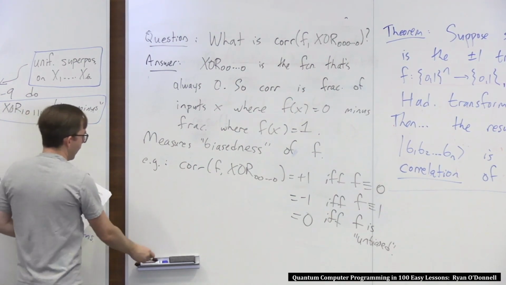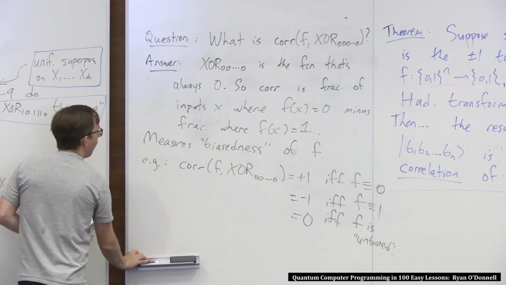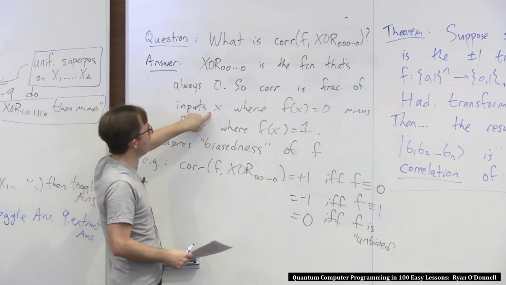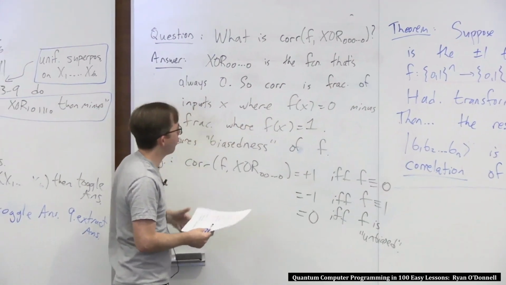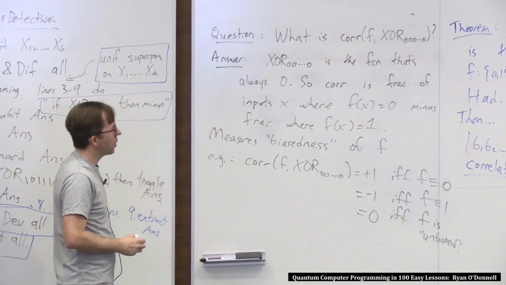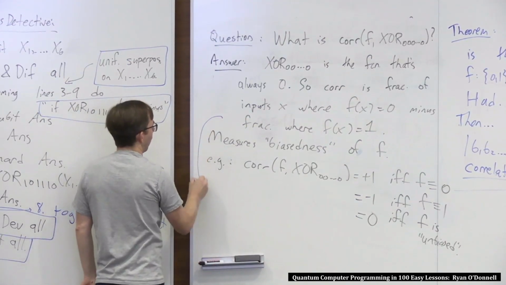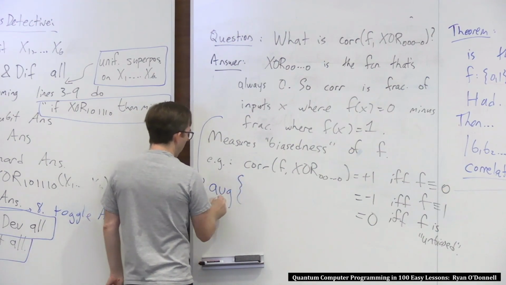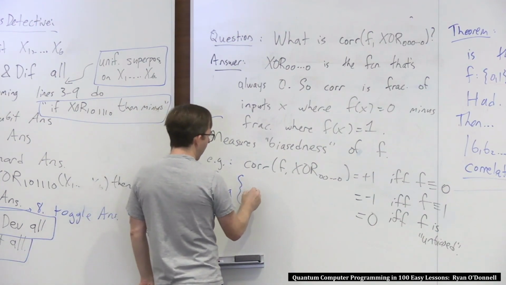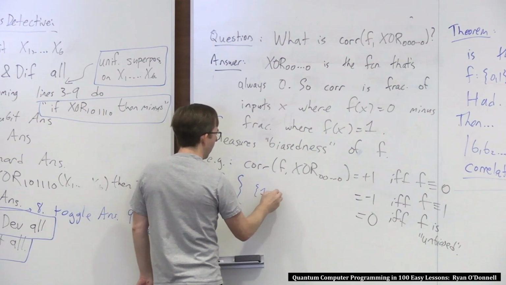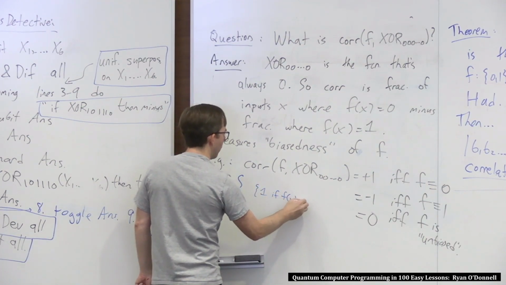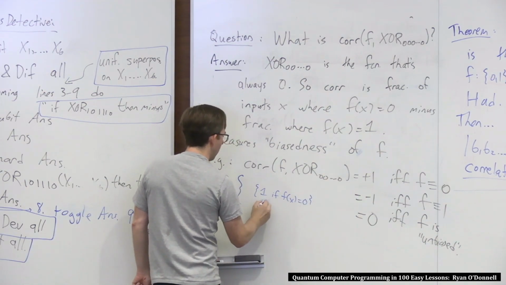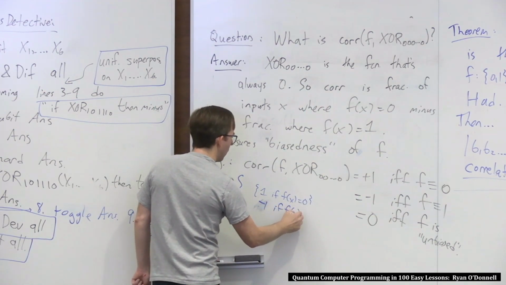But you see also, if you take the fraction of inputs where f of x is 0 and subtract the fraction of inputs where f is 1, this is like the average over all x of counting the number 1 if f of x equals 0, but counting minus 1 if f of x equals 1.